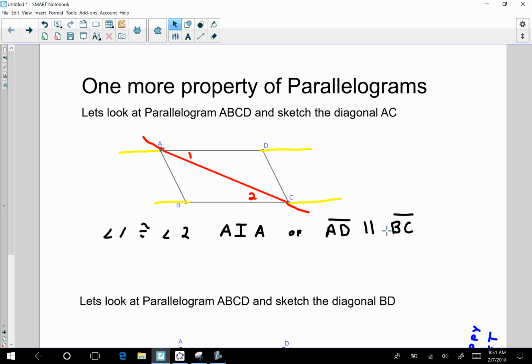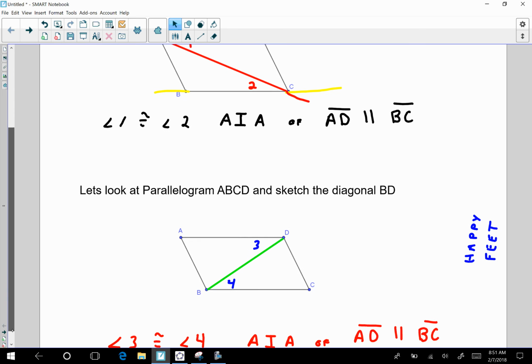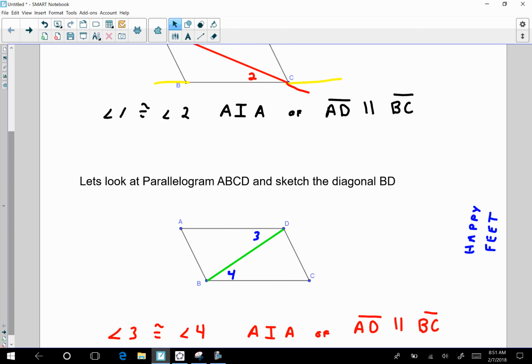In like manner, to keep our diagram from becoming too busy, I'm going to look at the parallelogram again and sketch the diagonal BD. And again we see that angle 3 is congruent to angle 4, also because of alternate interior angles of segment AD being parallel to segment BC.